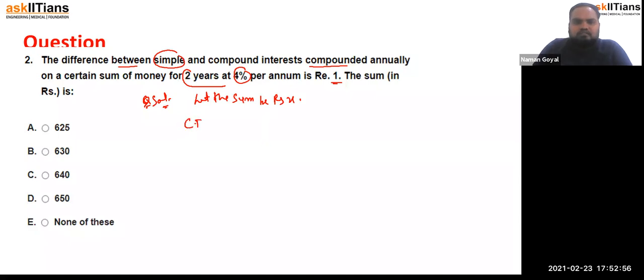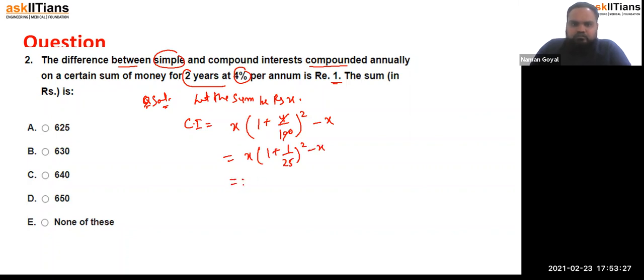Now first of all, I am going to find out the compound interest. See, principal is x, so total amount is x into 1 plus 4 upon 100 to the power 2 years, minus x. Minus x because I want to find interest only, so it will be compound interest. So if I solve this, how much do I get? x into 1 plus 1 upon 25, the 4 upon 100 cancels out by 4, right?